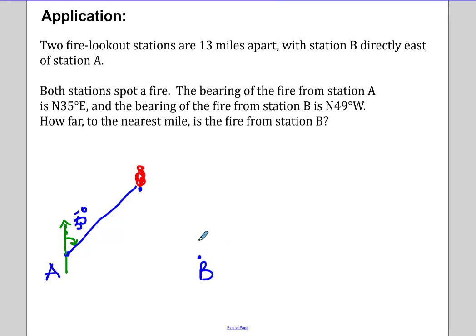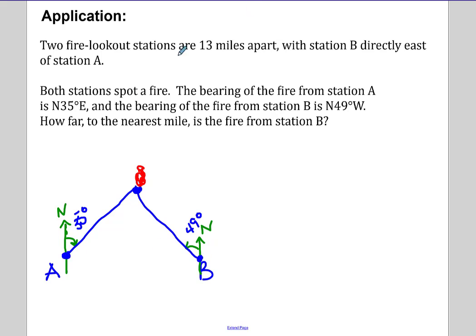So this is 49 degrees off to the west for that lookout station.